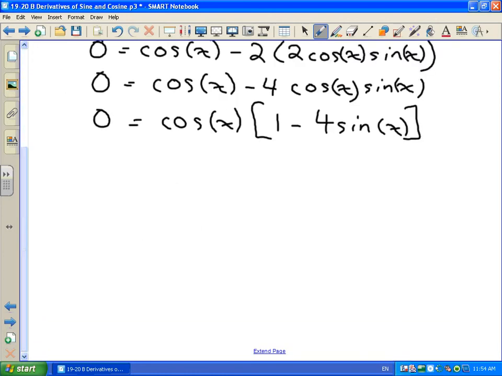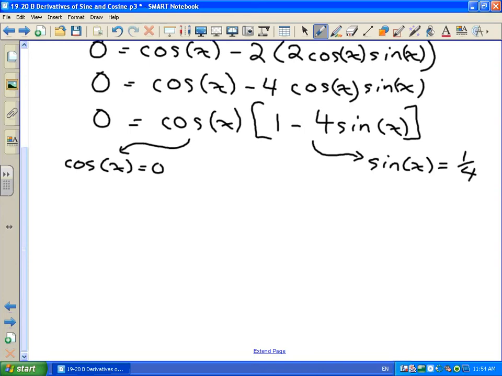So this gives us two equations that we can solve. We can solve cos x equals 0, and if we rearrange the stuff in the square brackets, we get sine x equals 1/4. And these are our two things to solve.